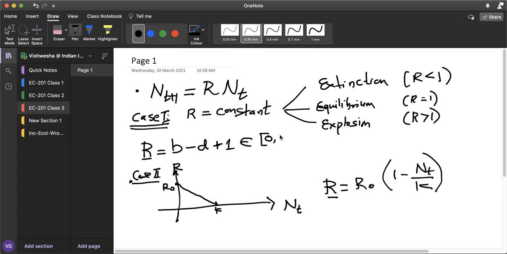And we said the maximum value it can take is when B reaches a maximum value, whatever the maximum number of births per individual possible, and D is 0, nobody dies. So D is equal to 0, and R is B max plus 1.